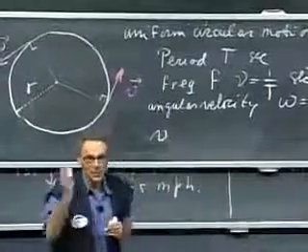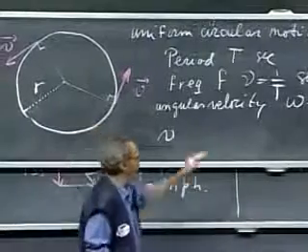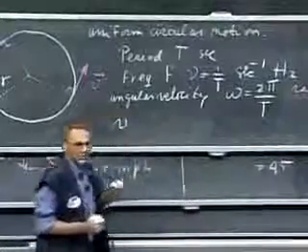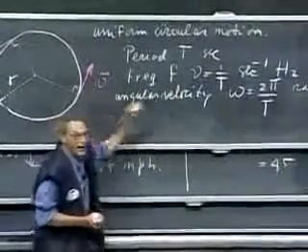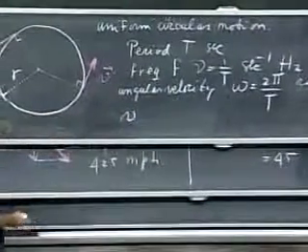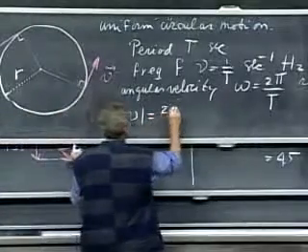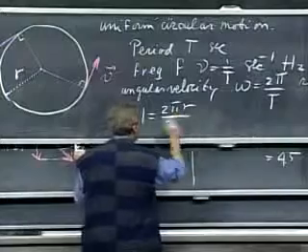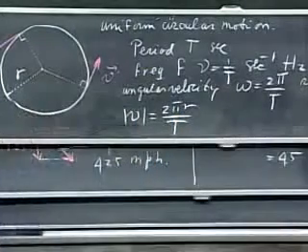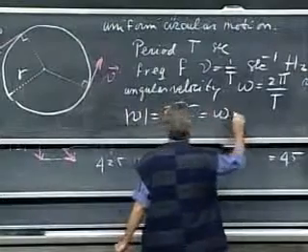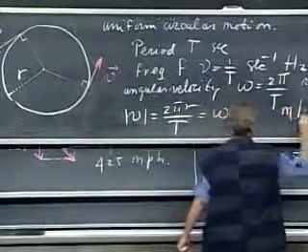How many meters per second is linear as opposed to how many radians per second, which is angular velocity. And that linear velocity, which in this case is really a speed, is of course the circumference of the circle divided by how many seconds it takes to go around. And that is also omega r. And that is now in meters per second.